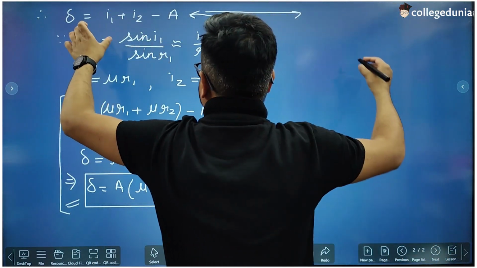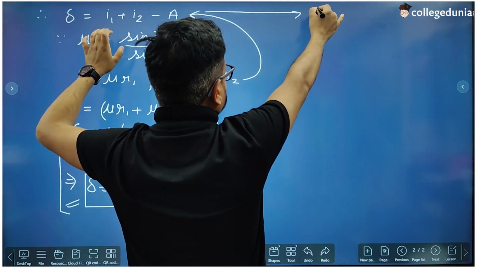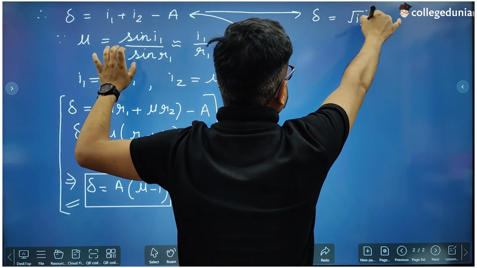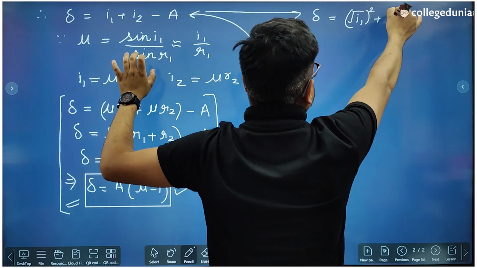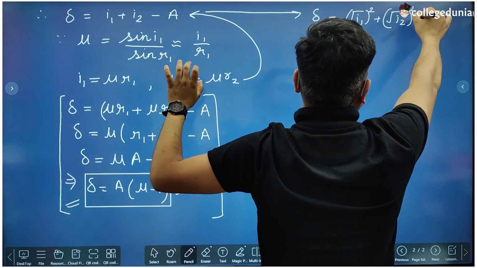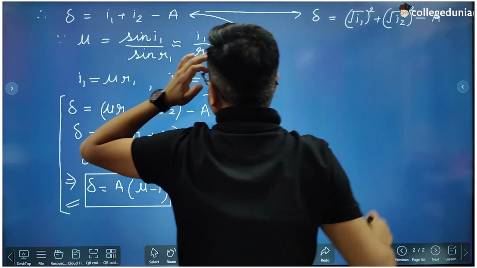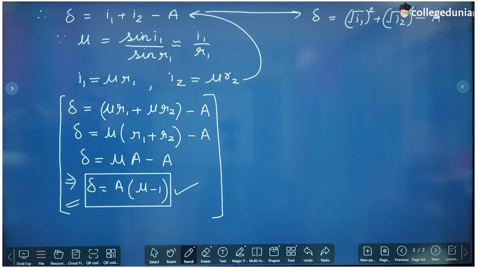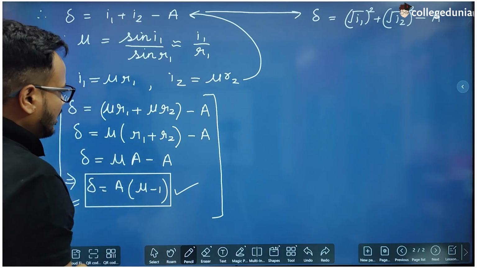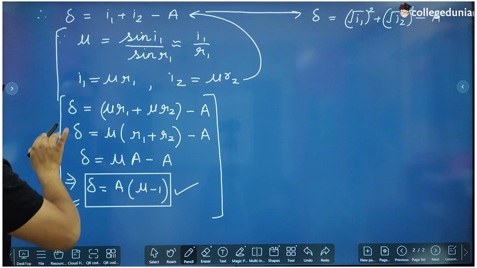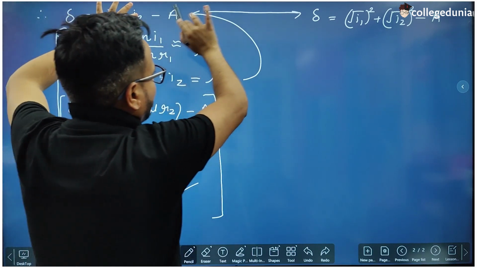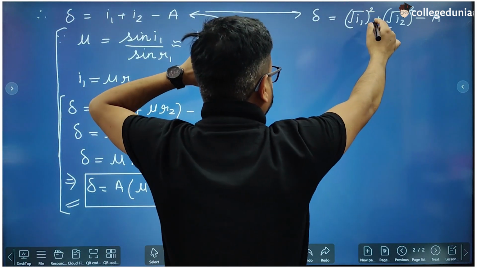So if we write it like this, I1 can be written as under root I1 whole square and I2 can be written as under root I2 whole square minus A, right? You're getting my point? This whole part was just to derive that result, but for the prism formula, from this you can directly go to this step.